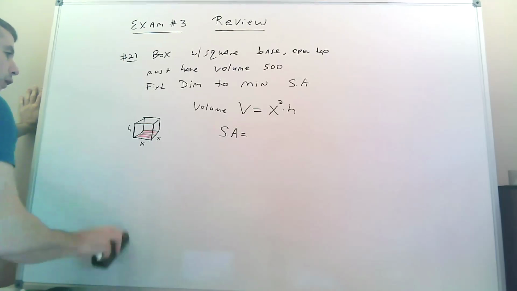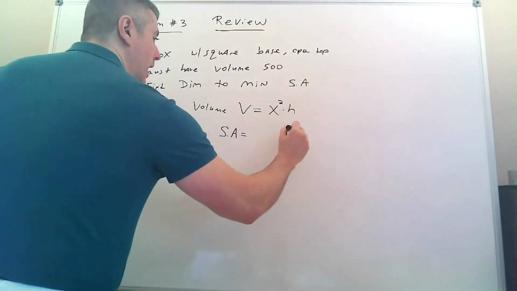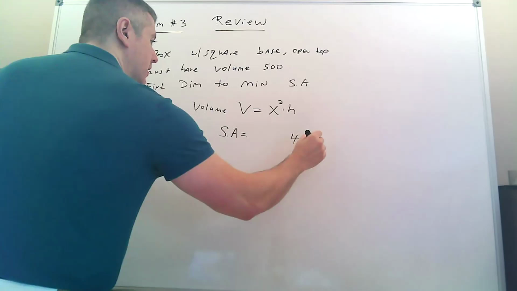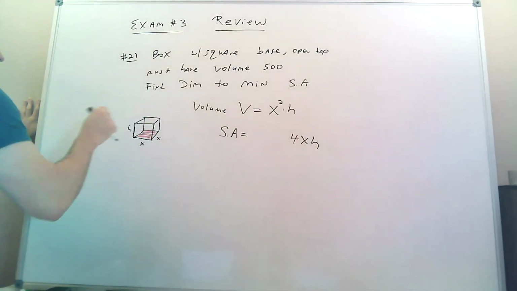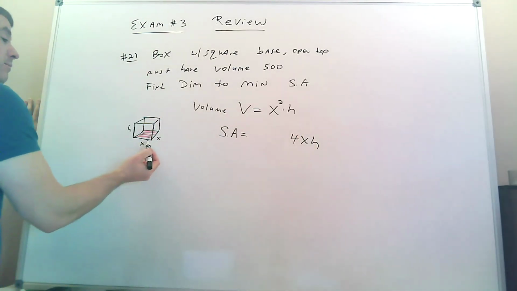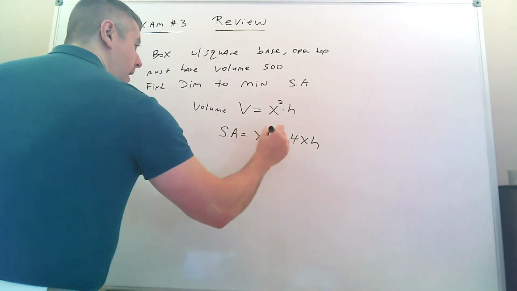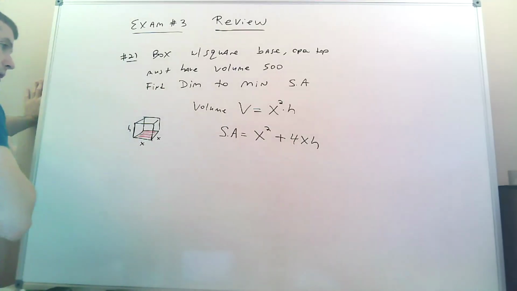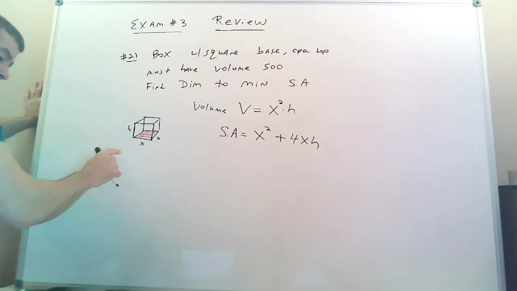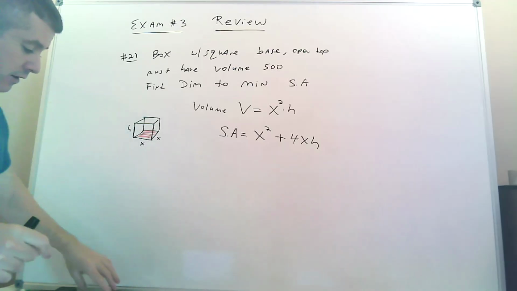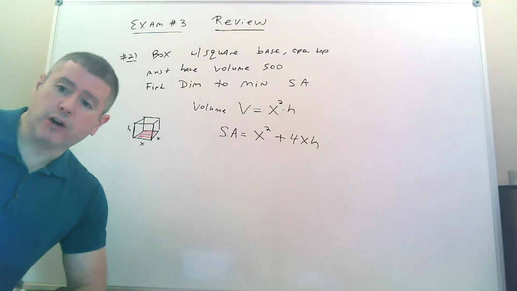So you have four sides across. You have four XHs. The front side, the back side, and the other two sides. And then you have the bottom. The area of the bottom is just X times X because the bottom is a square. You don't have a top. So you only have five sides, bottom and the four around, right? And you're looking at the area of each of those surfaces.